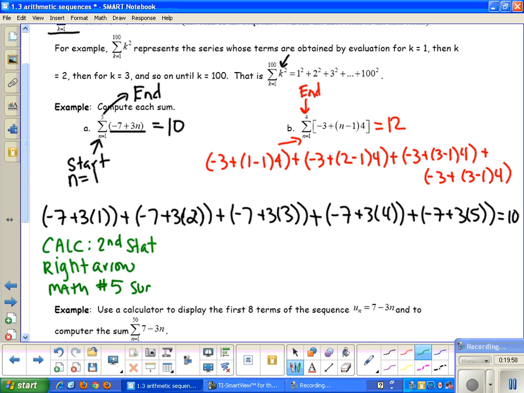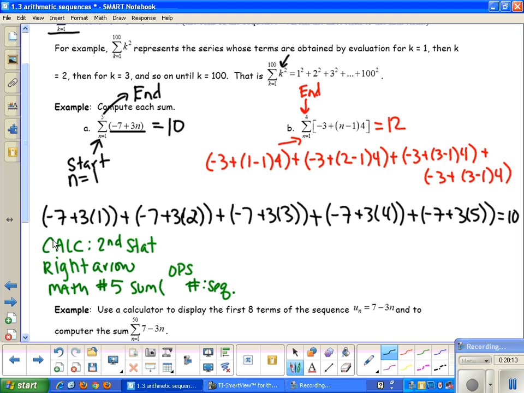So it looks like this with the parentheses. And then you're going to right arrow over to options and number 5, which is sequence. And again, we'll do this in just a second.